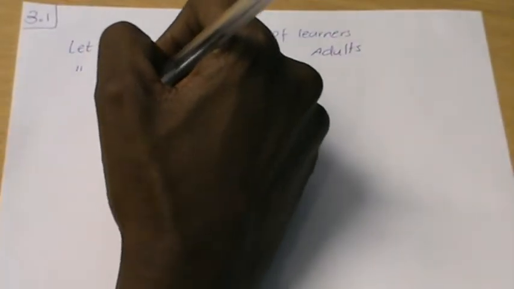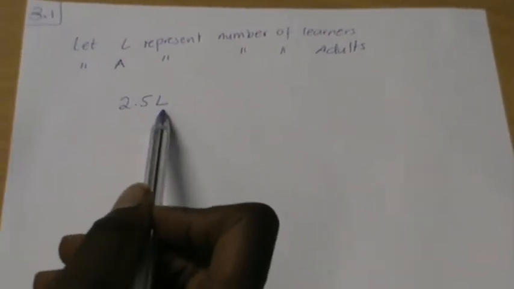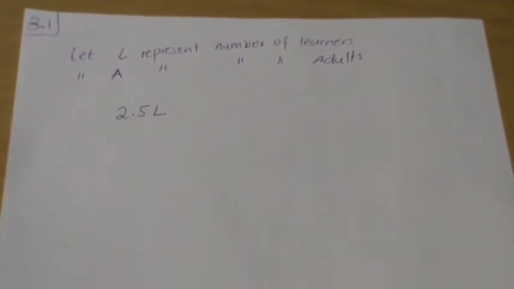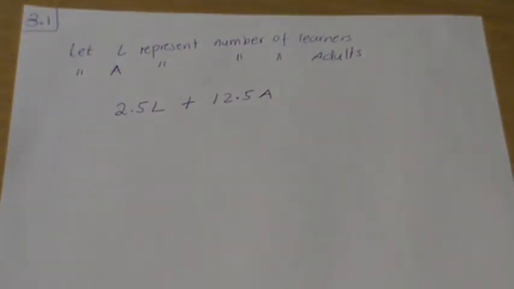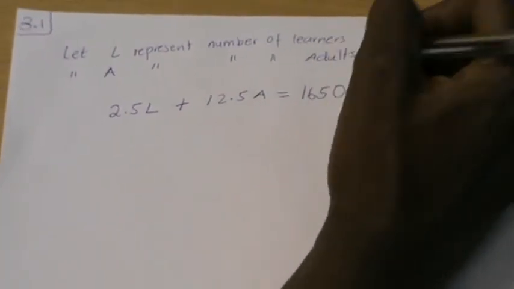We have 2.5 times L. This is $2.50, so I do not need to write the dollar sign. When I add that to the $12.50 that each adult is paying, multiplied by the total number of adults, this gives me the total amount that the function raised, and this should be $16.50.